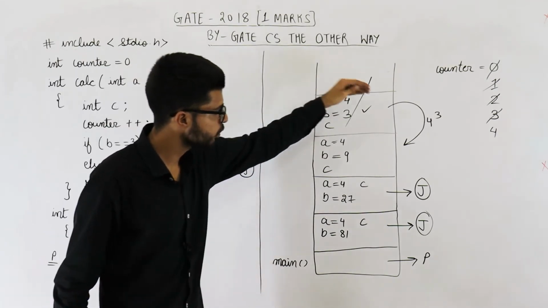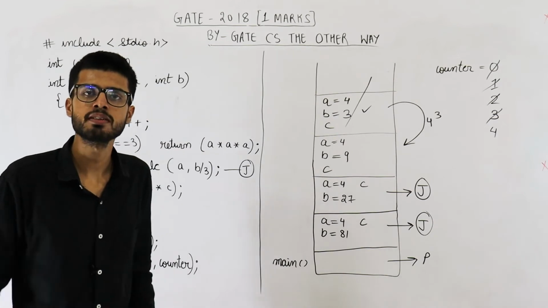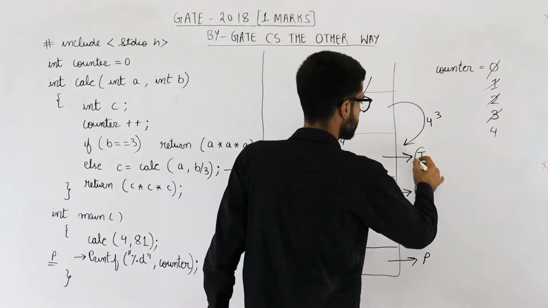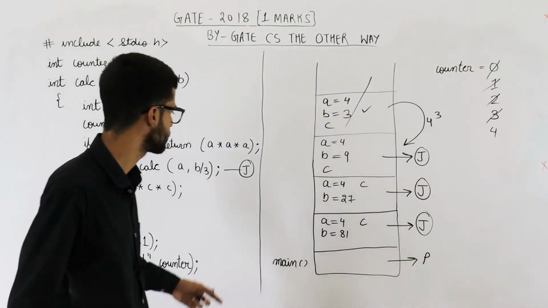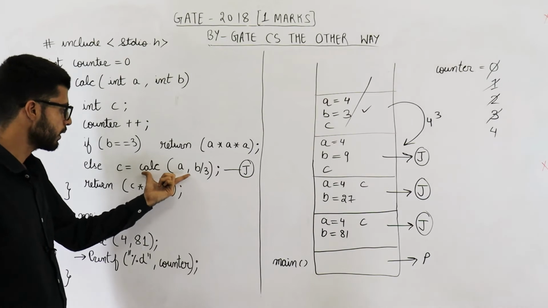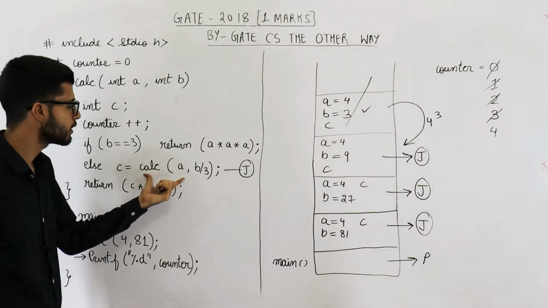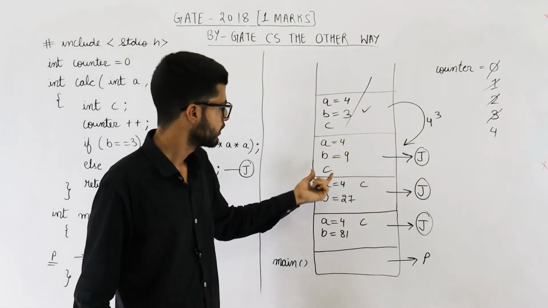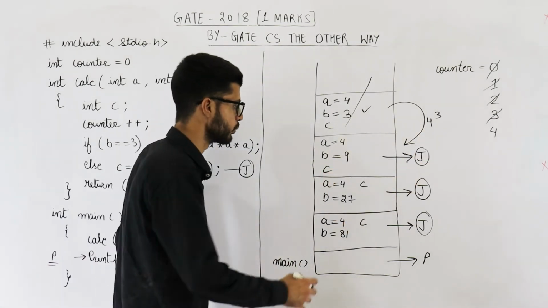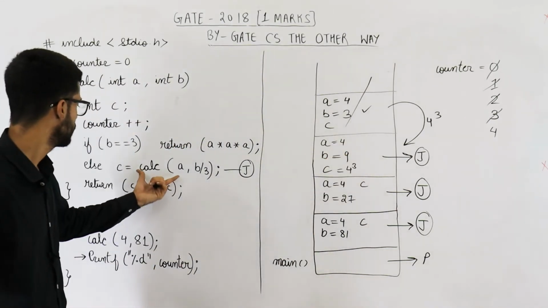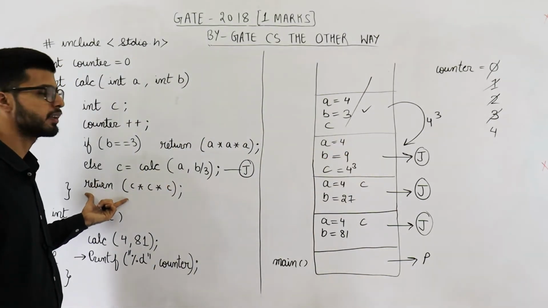Now you will come back to the previous function and you have to resume its execution from line number J only. I haven't written it here, but I think you can see it is this line only where the function was called. Now at this line, the value returned by this function call is what? 4 cube. That means C will get a value 4 cube. Like this. Now from here execute the next line.